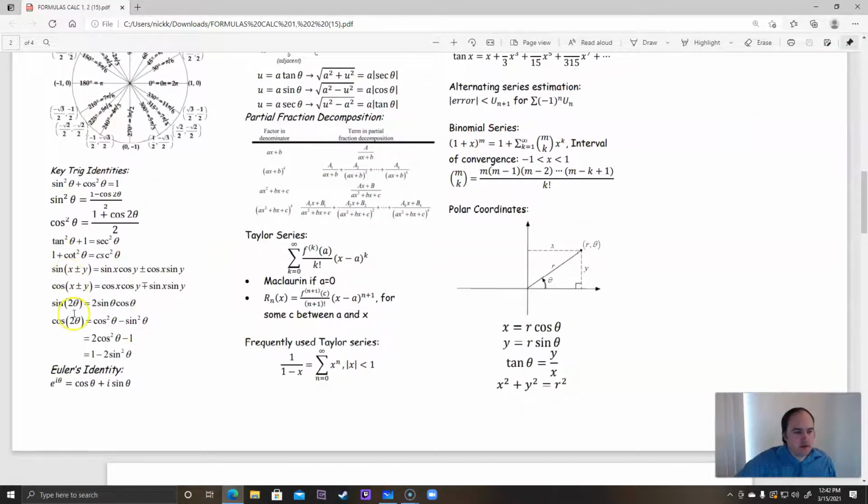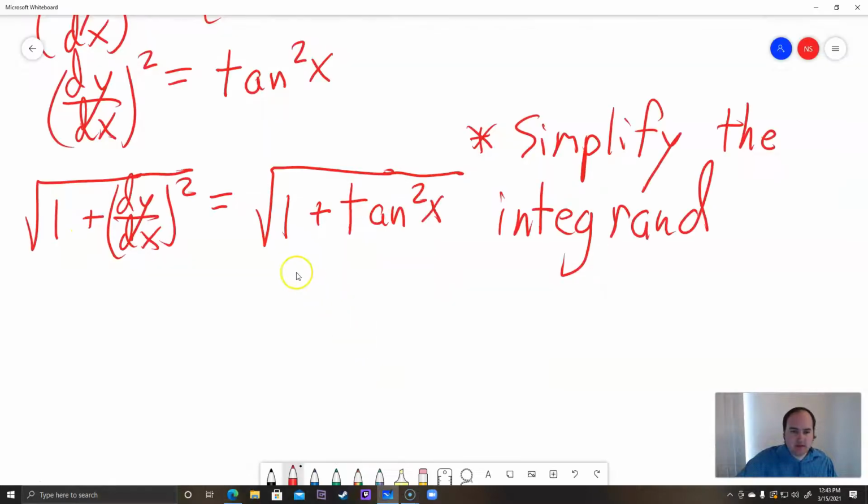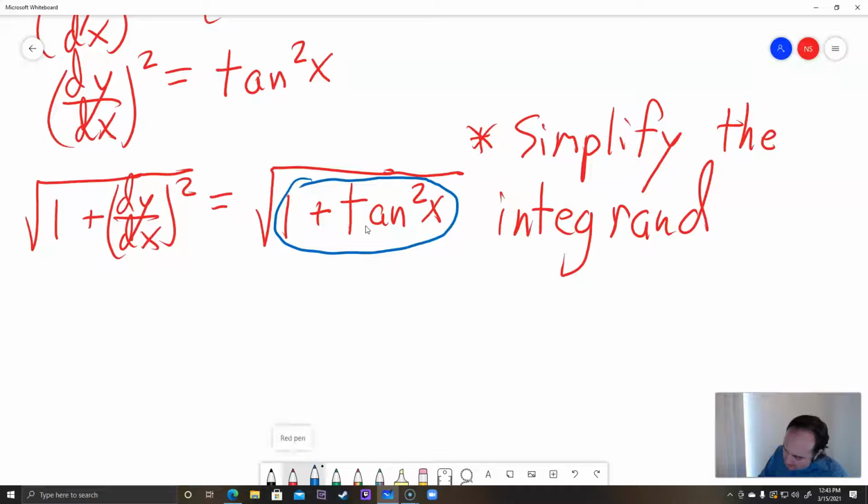Looking here, we see tangent squared of theta plus 1 equals secant squared of theta. So ours is already in that form. The addition order is switched, but when you're adding, the order doesn't matter. So this 1 plus tangent squared of x is the same as secant squared of x.